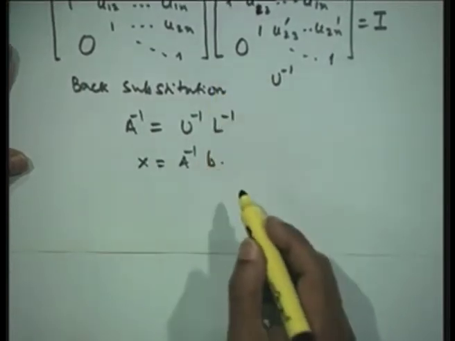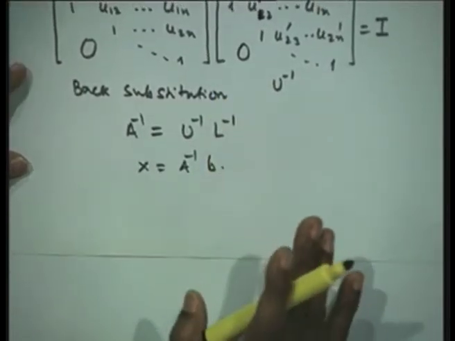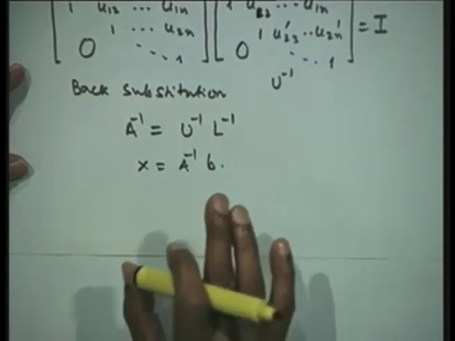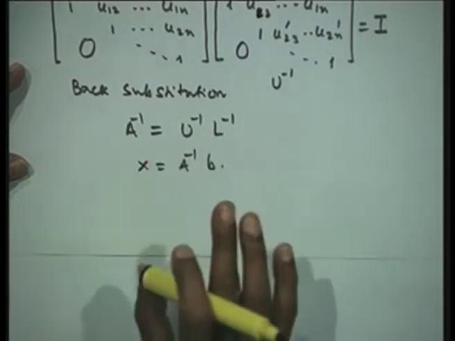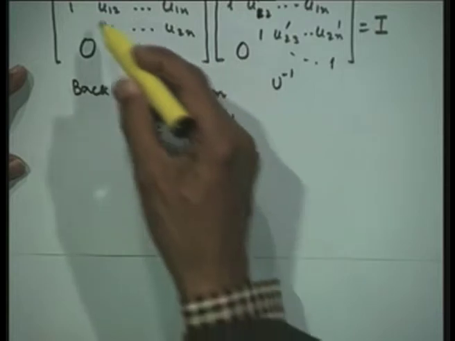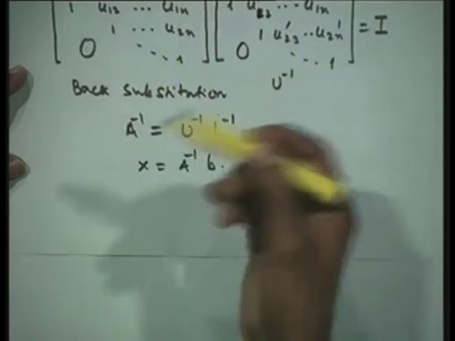Now, as we discussed in Gauss elimination also, if the pivot is 0 or very small, then the method may fail. Here also we will have a difficulty if any one of these pivots Lii or Uii, whichever procedure we are taking, becomes 0.